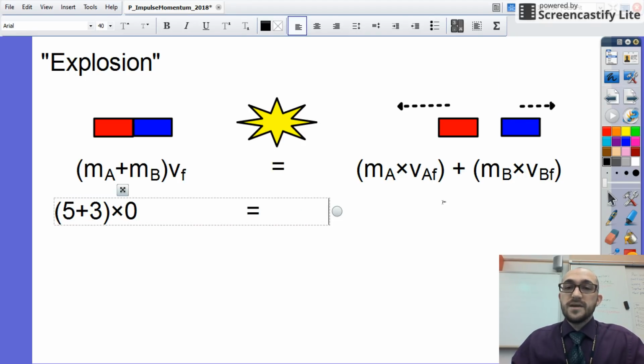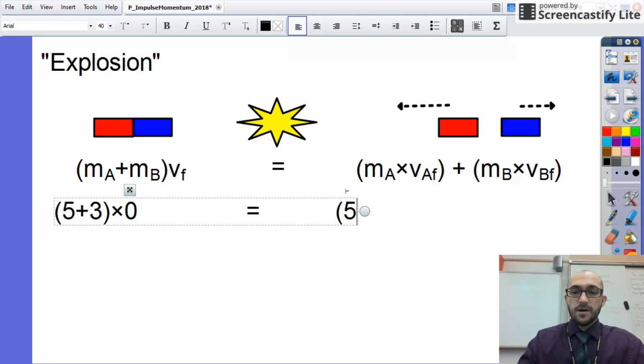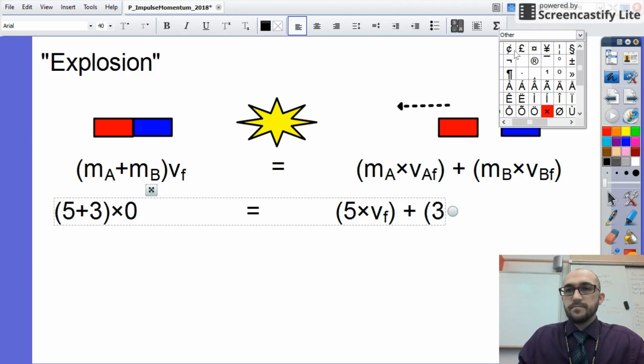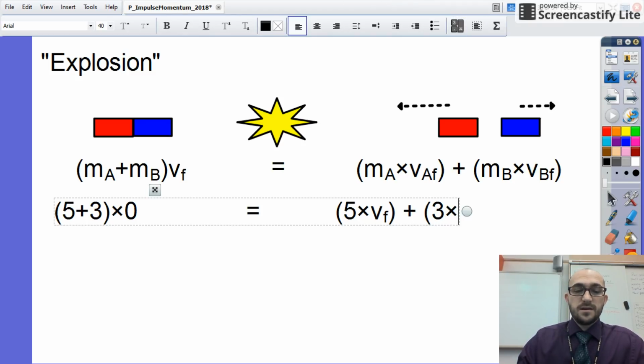Then they separate. I now have a 5 kilogram object moving at some unknown speed. That's my 3 kilogram object moving at, let's say, positive 3 meters per second.